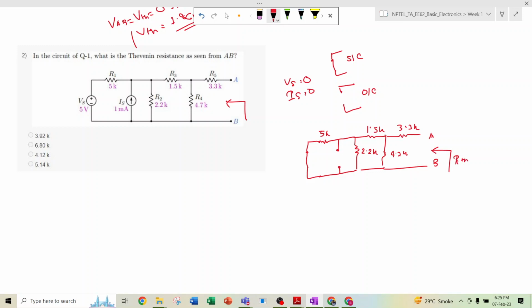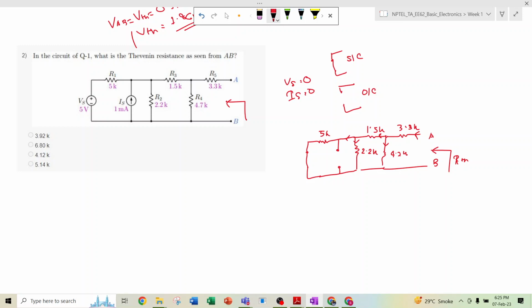If we put a voltage source across A and B, the current will flow from this side. The current will flow to this node and then it will divide across this part and this part.